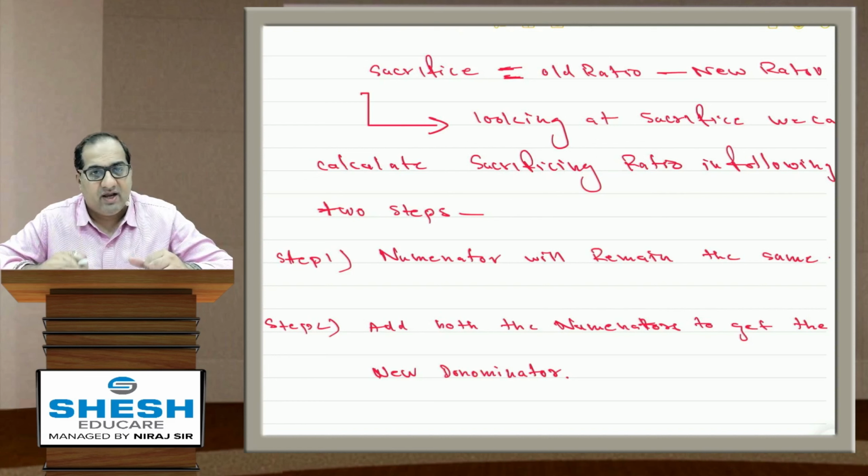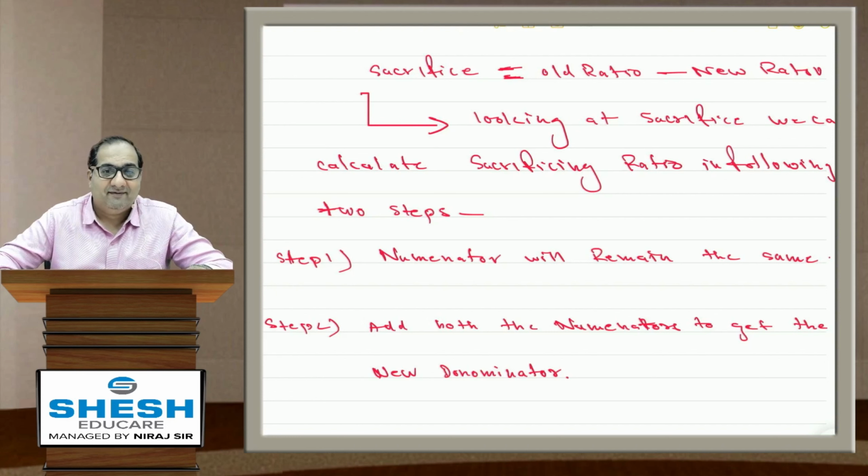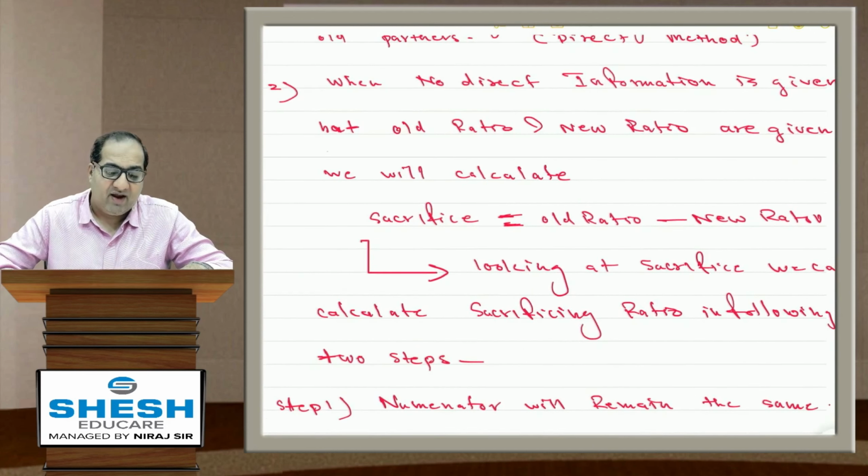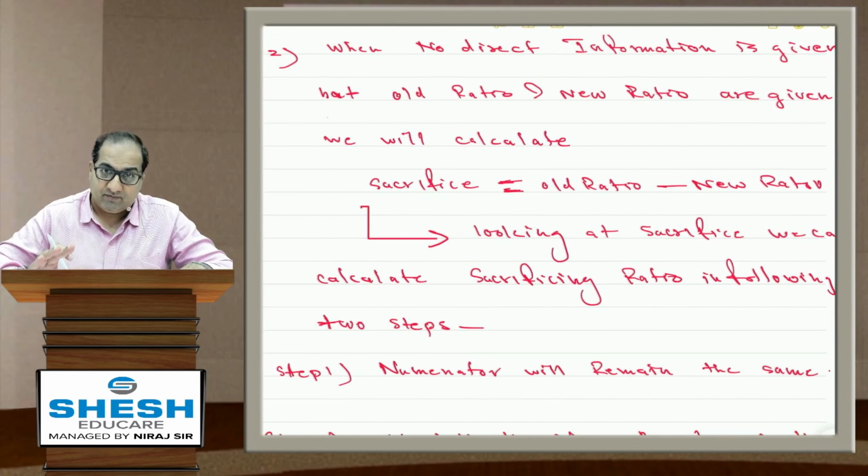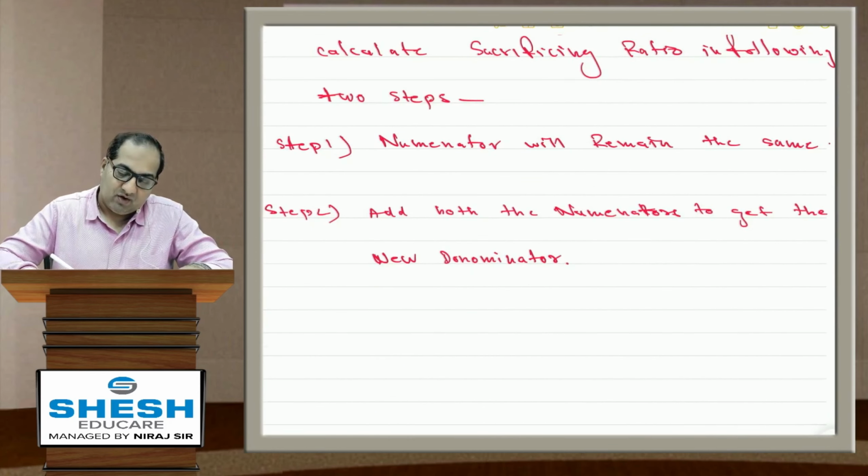So A's sacrifice is 1, B's sacrifice is 2, so what is the sacrifice ratio? Same thing. Numerator remains the same. Add both the numerators to get the new denominator. Okay? Cool. So this is the second way in which I can find out sacrifice ratio.